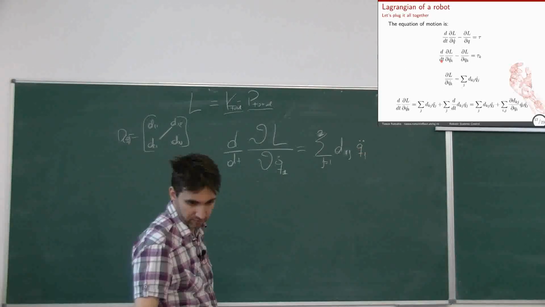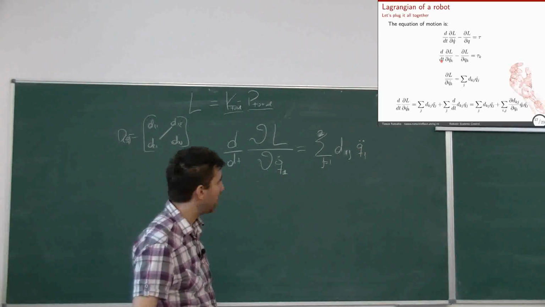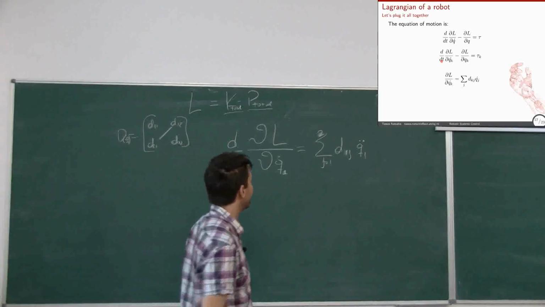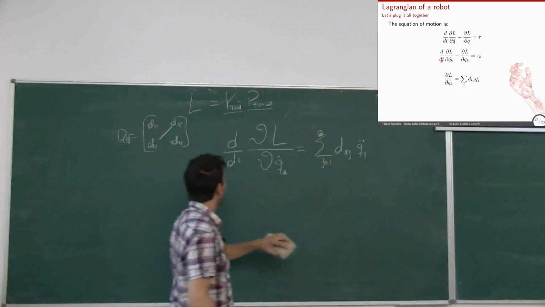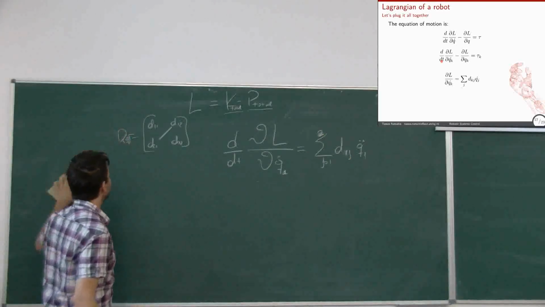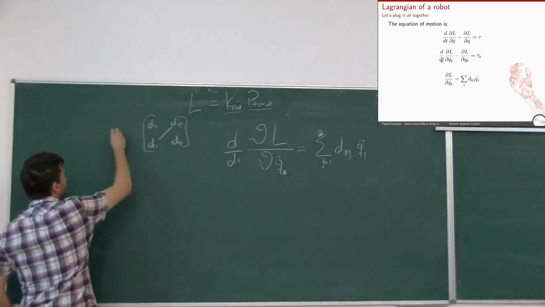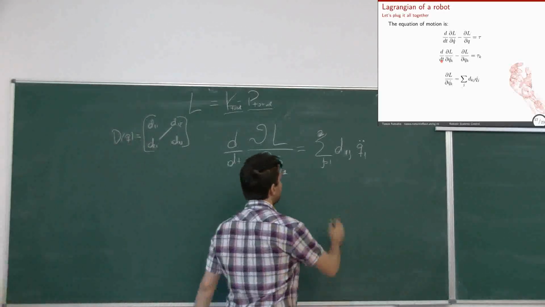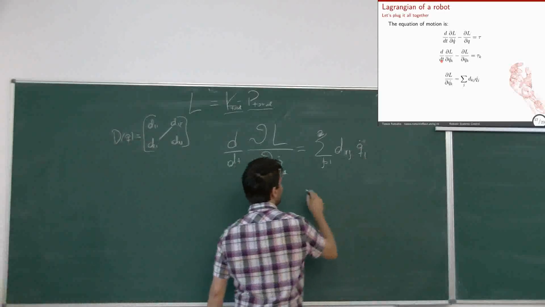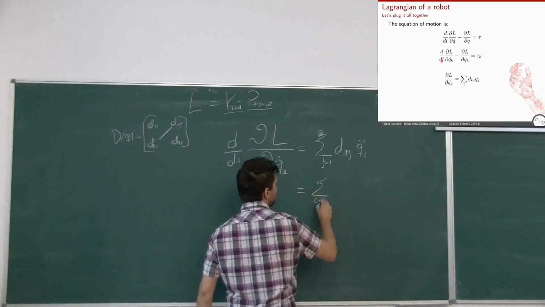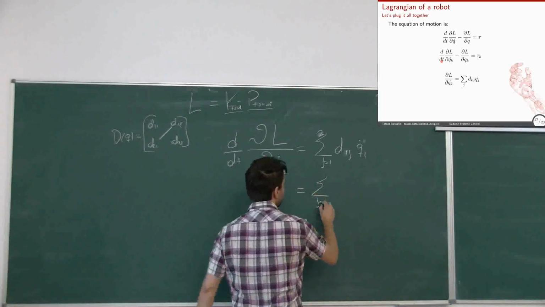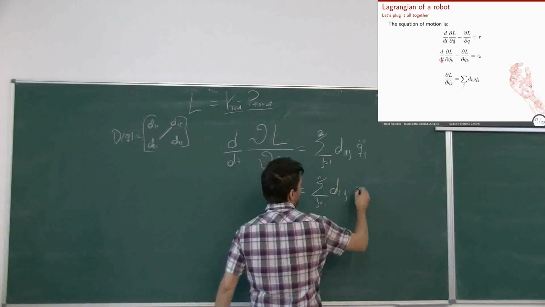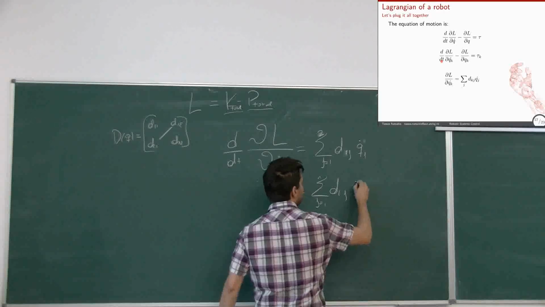Yeah, unless actually these depend on time as well. That's my mistake. So correction, this also might depend on time. So then when I do this derivative, I have to take this term, the sum for j equals 1 until n, d_ij q_j dot dot.